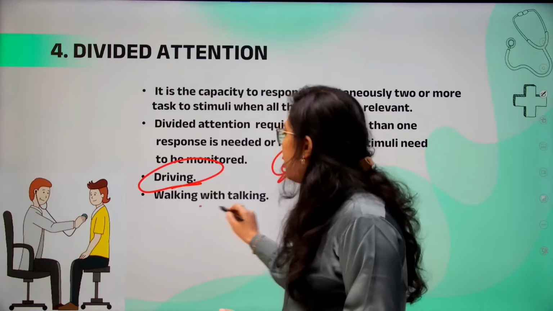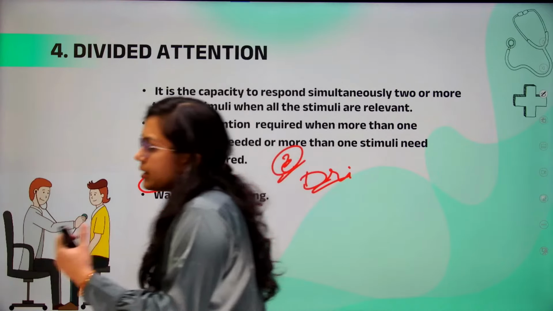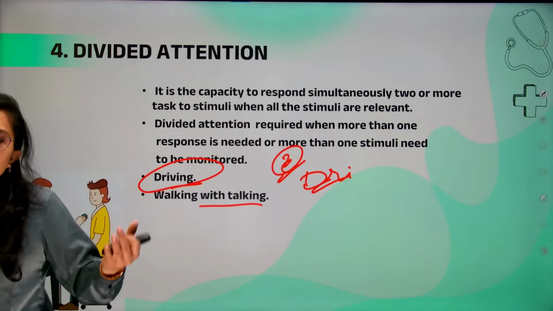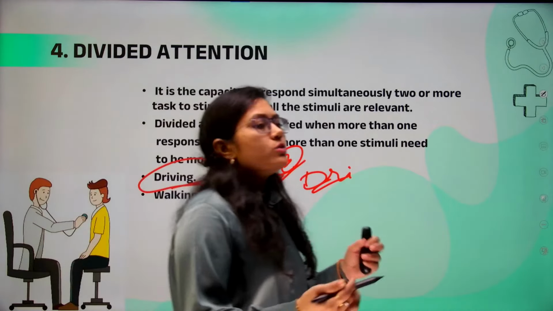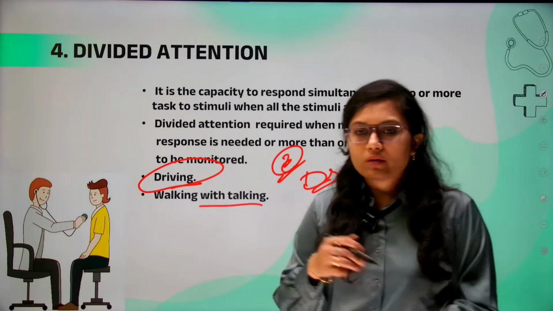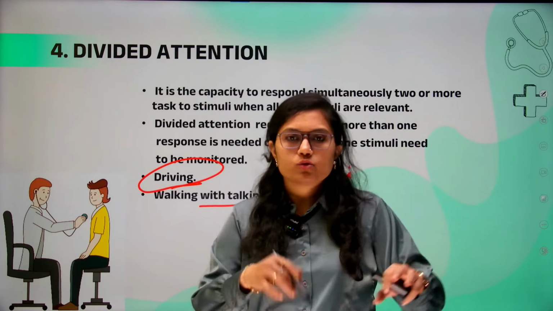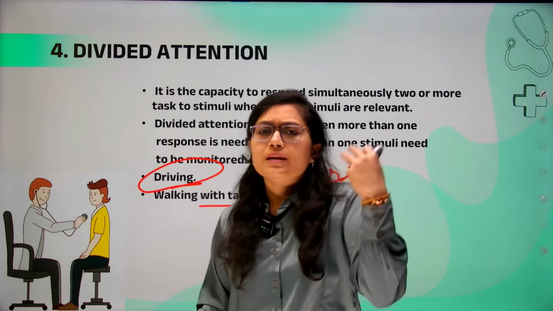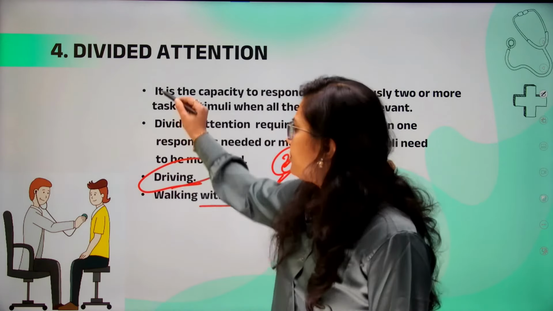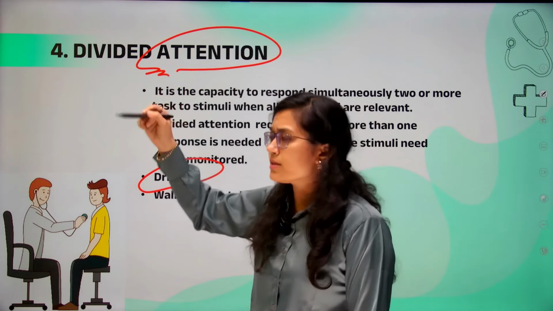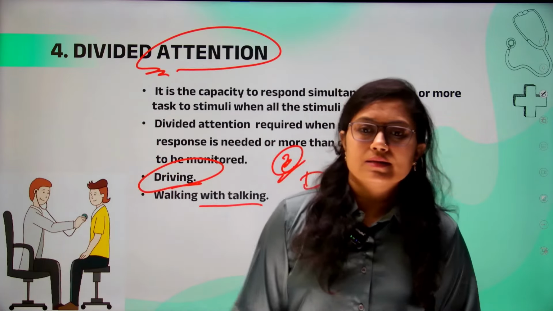Fine. Like walking with talking, हम चल भी रहे हैं, बात भी कर रहे हैं, हम साथ में कुछ आया तो उसको भी respond कर रहे हैं. Fine. So those all things will be considered. Cooking, cook कर रहे हैं, साथ में काम कर रहे हैं, बात कर रहे हैं, कुछ साथ में काम कर रहे हैं. So multiple systems are working together. Fine. So if more than two systems are working, then it will be considered as divided attention.